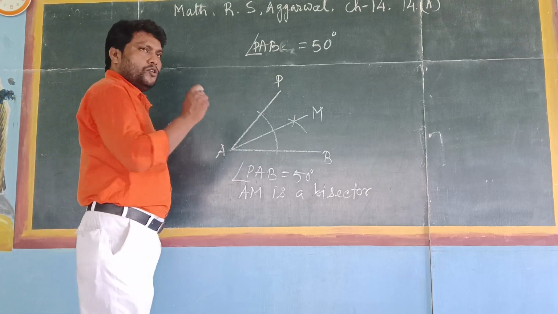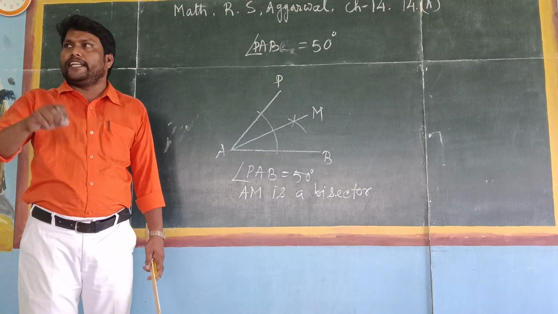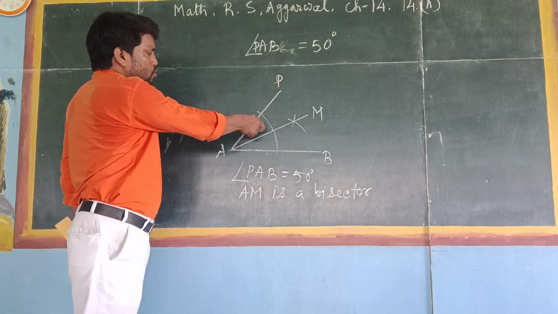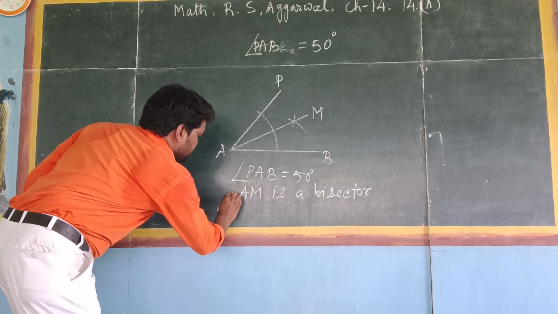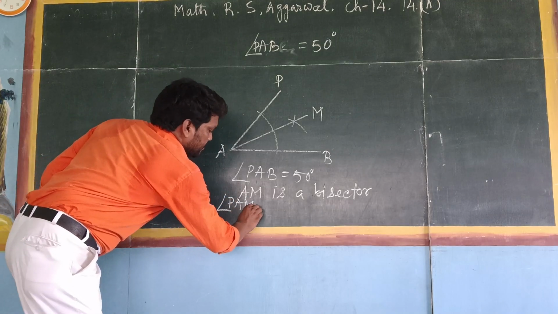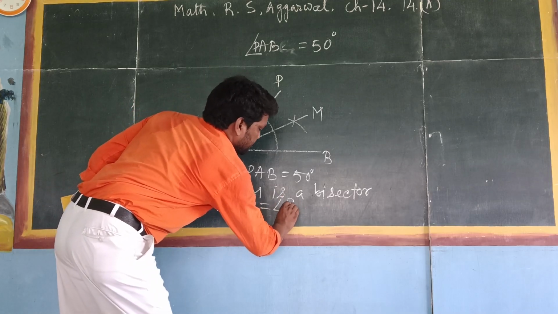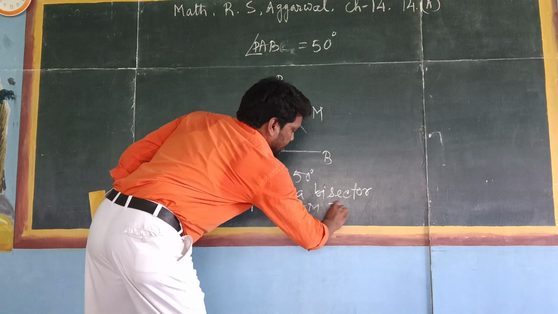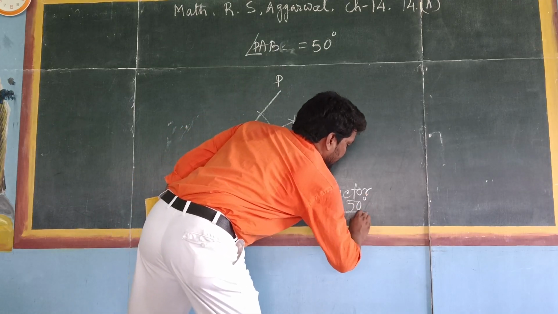So we know that if PAB is 50 degree and it is bisected, two angles are formed. What is the name of the angle? PAM. Angle PAM equals angle BAM. That value will be 50 divided by 2.